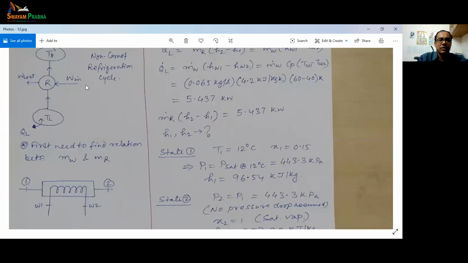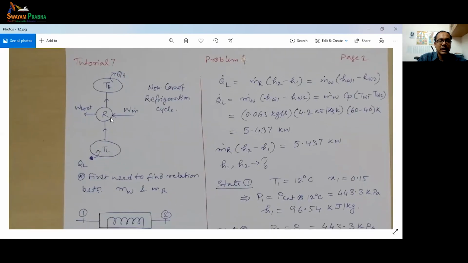So if we draw a schematic, we can see in this left hand side figure the refrigerator or heat pump taking heat from a low temperature reservoir and dumping it to the high temperature reservoir TH, with work input W in. There will be some work lost through the expansion valve as well as through other heat leakage, so this is a non-Carnot refrigeration cycle.